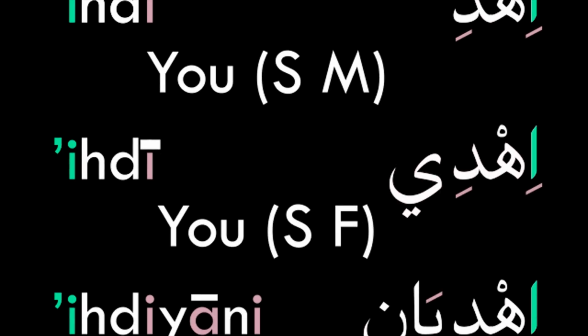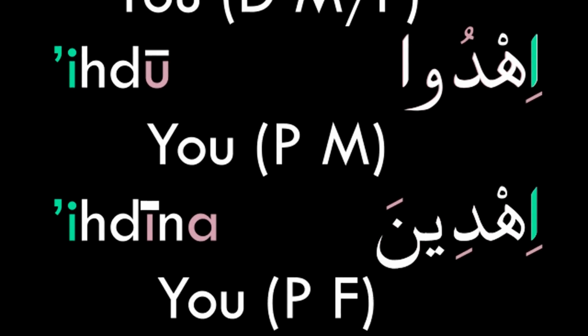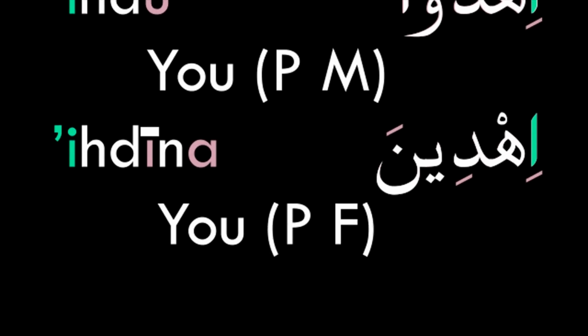But the last vowel here is a long vowel and not a short one. What should we do? In this case, we have to delete this long vowel and it becomes ihdi. The other cases are the same as the previous example. Ihdi, ihdiya, ihdu, and ihdin stays the same.